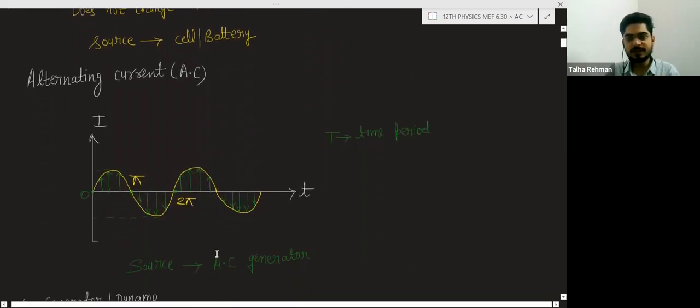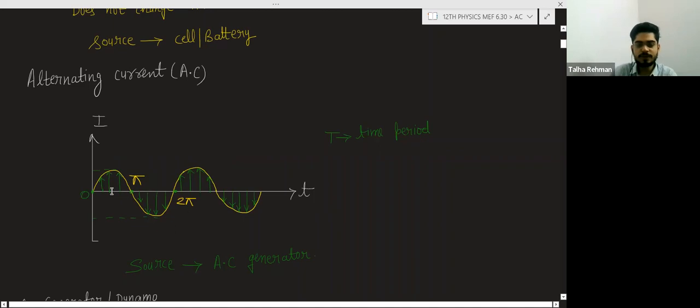Now alternating current. This is the chapter we will study in detail. Alternating current is like this. If you draw a graph between current and time, you can see that at different times there is a different value of current.